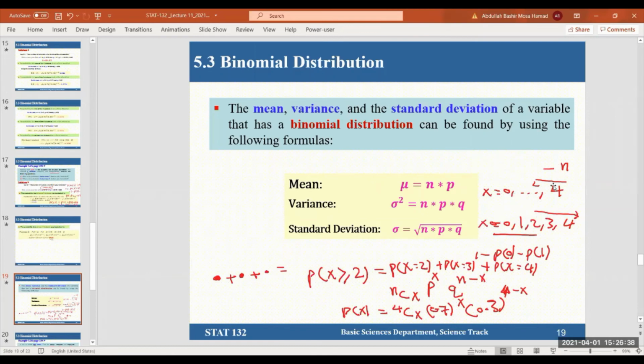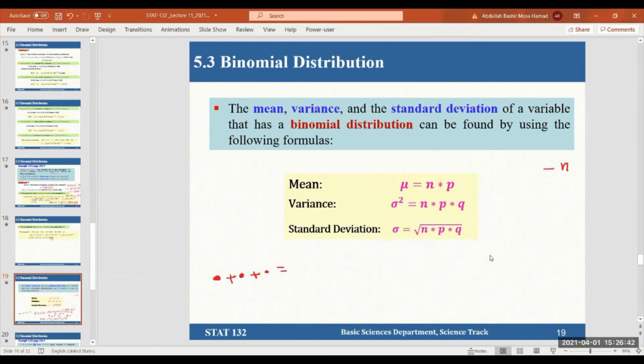Now we move to another topic about binomial distribution: how to find mean, variance, and standard deviation. To find standard deviation, we need to find variance. Mean is n times p. Our previous example was x distributed binomial with 4 and 0.7.